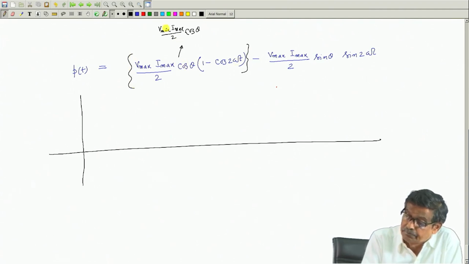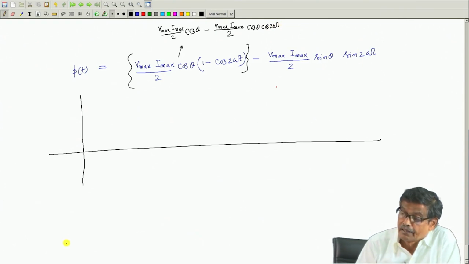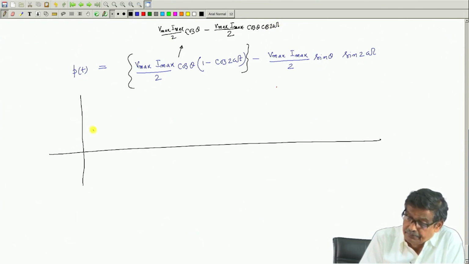This term only I am writing: V max I max by 2 cos theta minus V max I max by 2 cos theta cos 2 omega t. So, it will be a DC value, this one is constant, V max I max by 2 cos theta is constant.